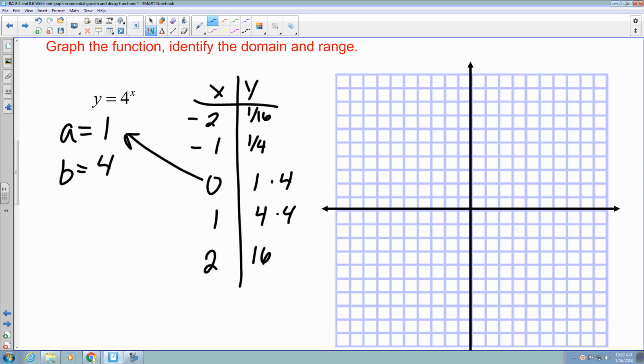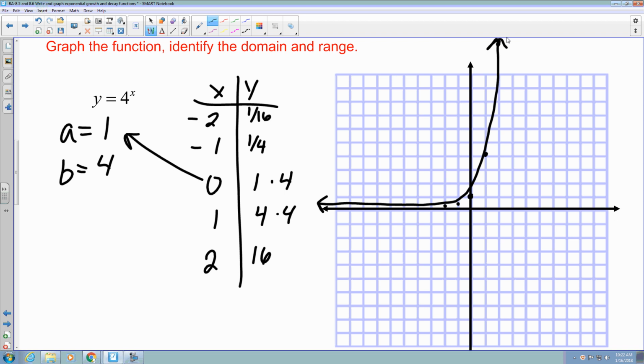You have to plot the points. So I got -2 comma 1/16. That's really close to 0, but not quite. -1 comma 1/4 is here. 0, 1 is here. 1 comma 4 is right there. And then 2 comma 16 is well off the graph, so I'll just say it's right over there. And then I make my graph like so.